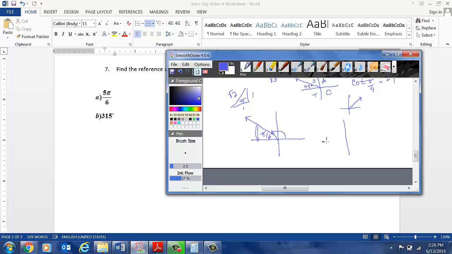If we're looking at 315, again, 315 would be this angle. So the reference angle, again, is made with the terminal side of that angle and the x-axis. So this would be 45 degrees. So the reference angle for 315 degrees would be 45 degrees.